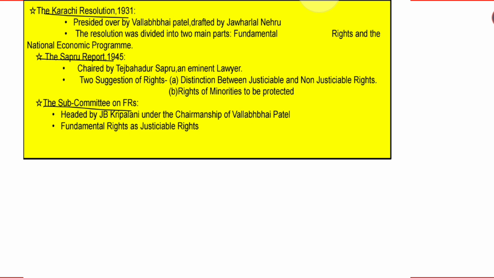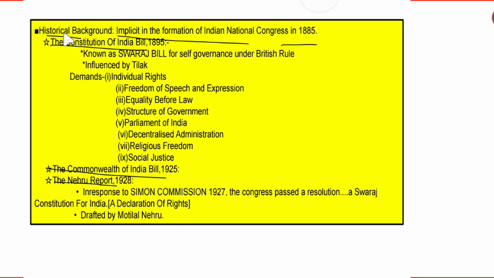The second is the Commonwealth of India Bill 1925, the Nehru Report 1928, the Karachi Resolution 1931, the Sapru Report 1945, and the Subcommittee Reports on Fundamental Rights. Let's discuss all of these one by one.